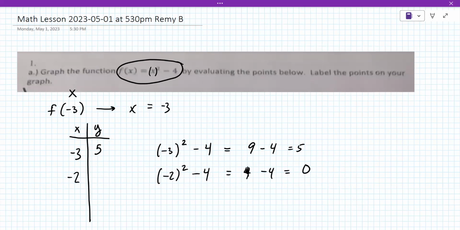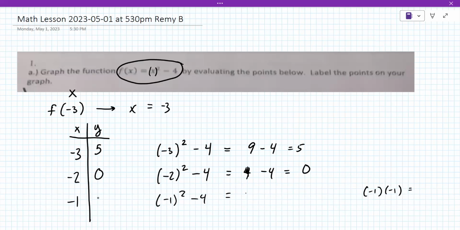Okay. So now, next one here is -1. So you want to treat this as -1 squared minus 4. Will you calculate that for us, please? -1 times -1.